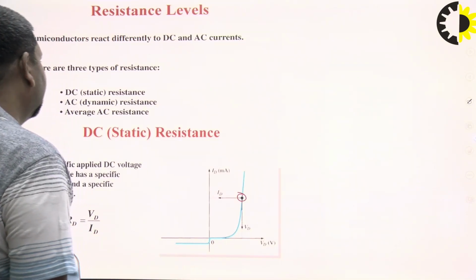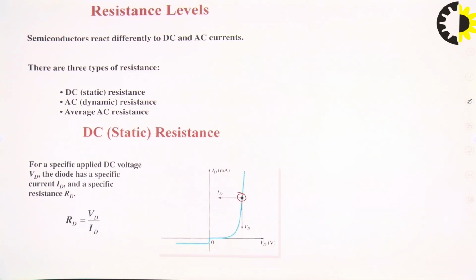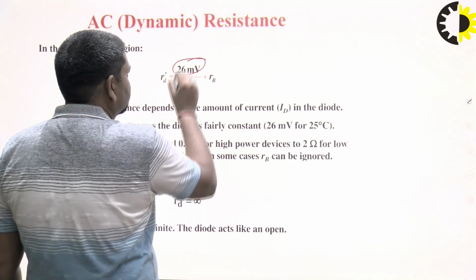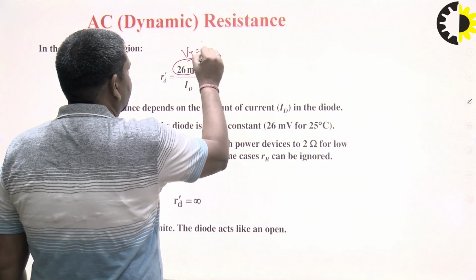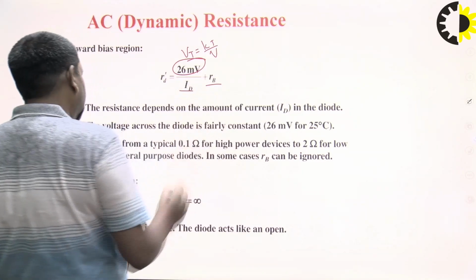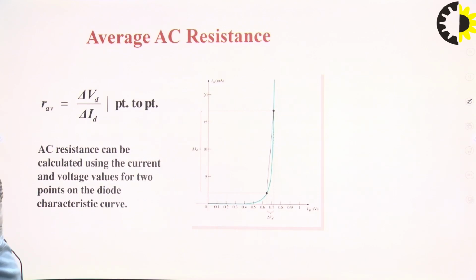And if we find the AC resistance, we introduce the formula: 26 millivolt, which is the thermal voltage calculated by KT upon Q, upon ID plus RB. RB is about 0.1 ohm, going up to 2 ohm for low power devices. So we can easily calculate the static and dynamic resistance by using the IV characteristics.